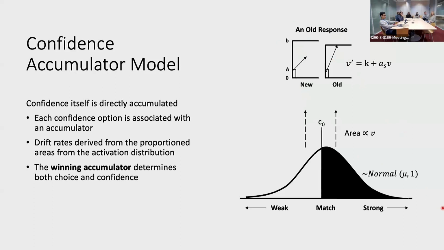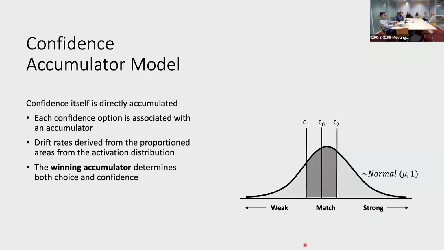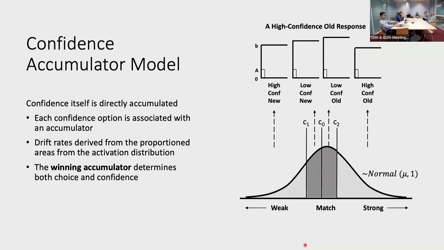Now, if you want to account for confidence responses, we can add more confidence criteria and partition the distribution into more bins, because confidence options can just be seen as additional alternatives. For a judgment with two levels of confidence, high and low, we can divide the distribution into 4 bins. This corresponds to 4 accumulators for 4 confidence options.